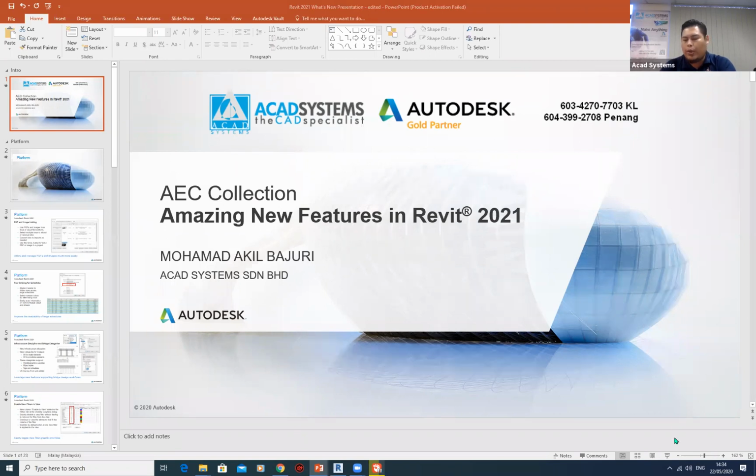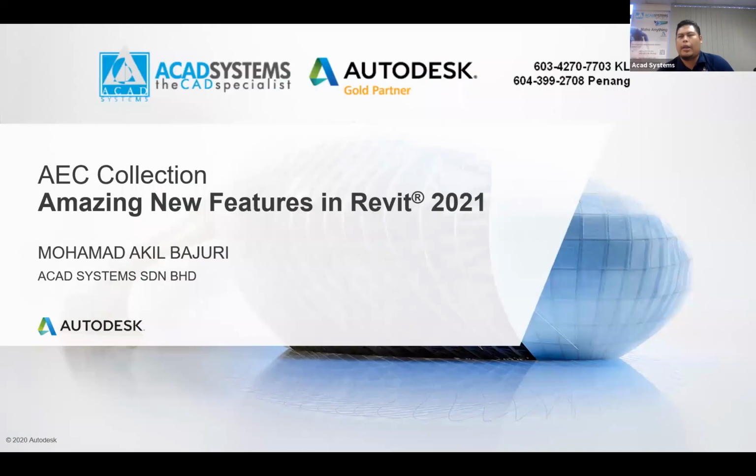Back to Revit 2021. Recently, around April, Autodesk launched the Revit 2021 new features, and it has a massive amount of new features, which for me is very good and brilliant.